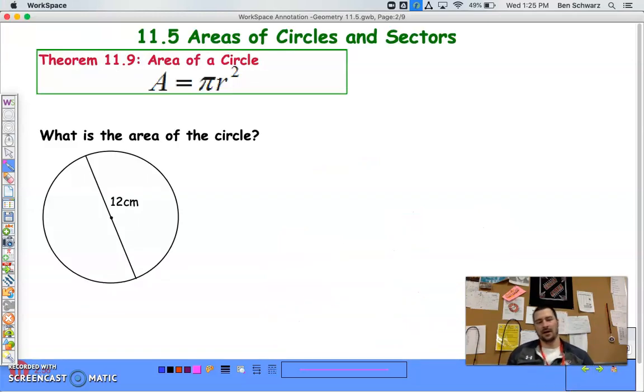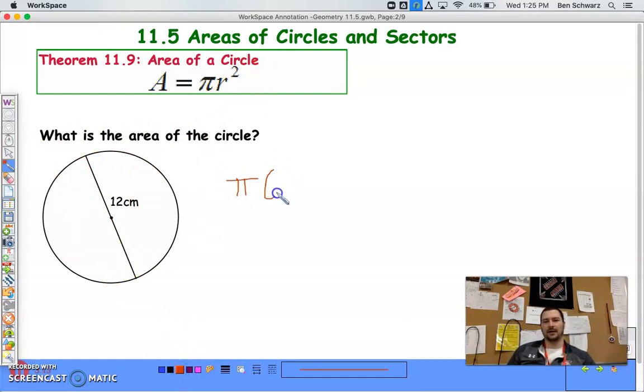Today we're talking about area and area of sectors. So area of a circle is calculated by pi r squared. So pi times the radius squared. So radius of this circle, well, the diameter is 12. So that means our radius is 6.